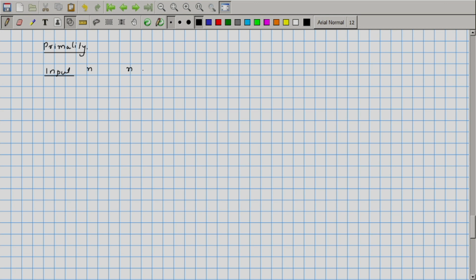First, we can assume that n is odd, and next we will assume that n is not a prime power, that is, it is not of the form a to the power b.